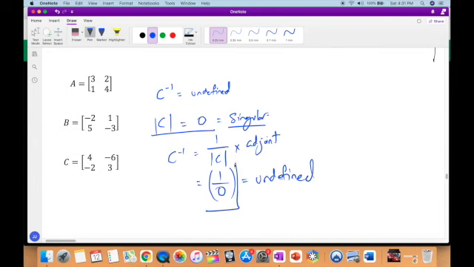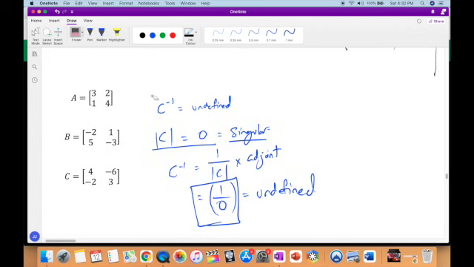This here, 1 divided by 0, that is one of the greatest unknown mysteries in mathematics. Nobody knows the answer for what is 1 divided by 0. So we call it undefined, right?